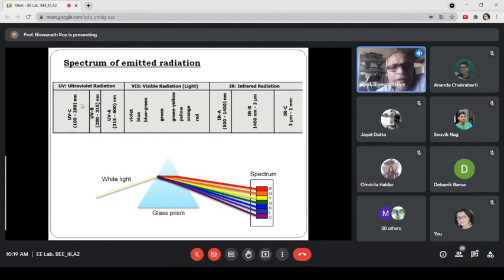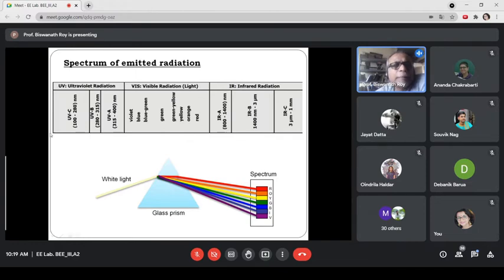That UVC lamp emits a particular radiation. That UVC radiation has the capability to destroy the germs present in the water. Okay. Similarly, IR is also subdivided into 3 regions, IR A, B, C.